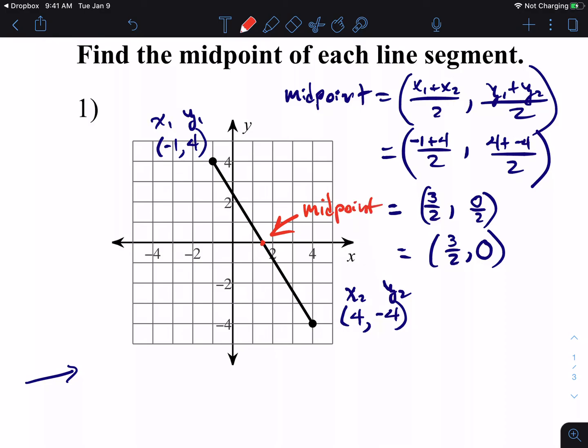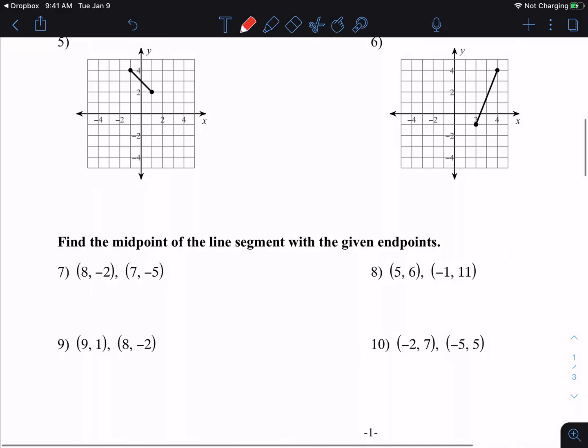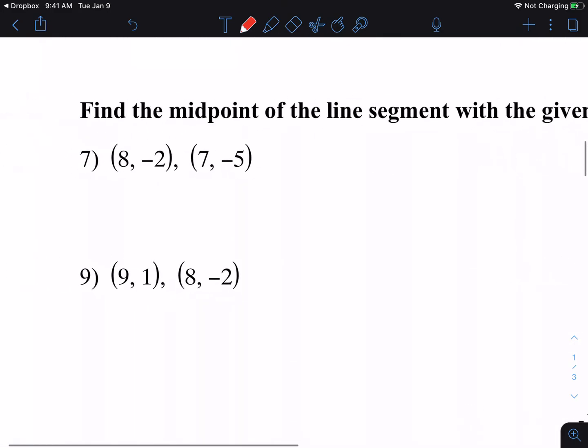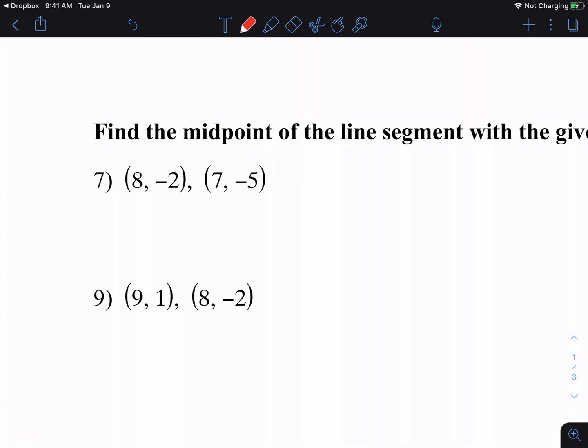Being that that's the midpoint, it is the same distance from there to there as it is from here to there. That's the exact middle of that segment. Okay? If we keep on going and go down to the bottom, notice that these are just coordinates and ordered pairs.